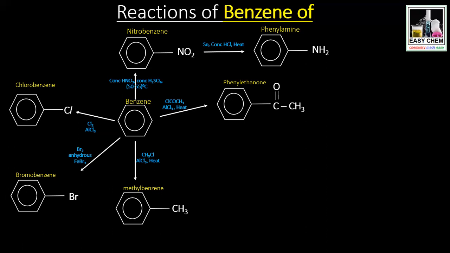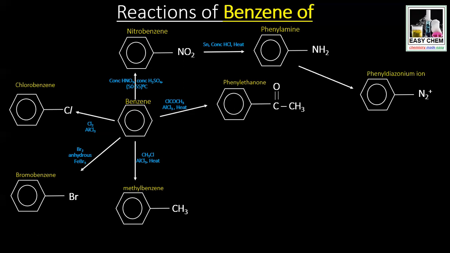Now, phenylamine can react again to produce another important ion, which is called phenyldiazonium ion. This phenyldiazonium ion is really important in the industry because it is used to react with phenol to make something called azo dye. Azo dye means nitrogen-containing dyes.